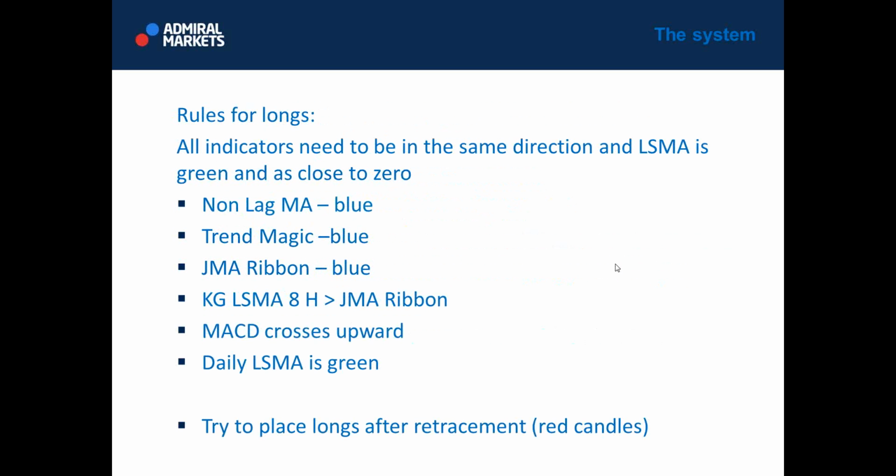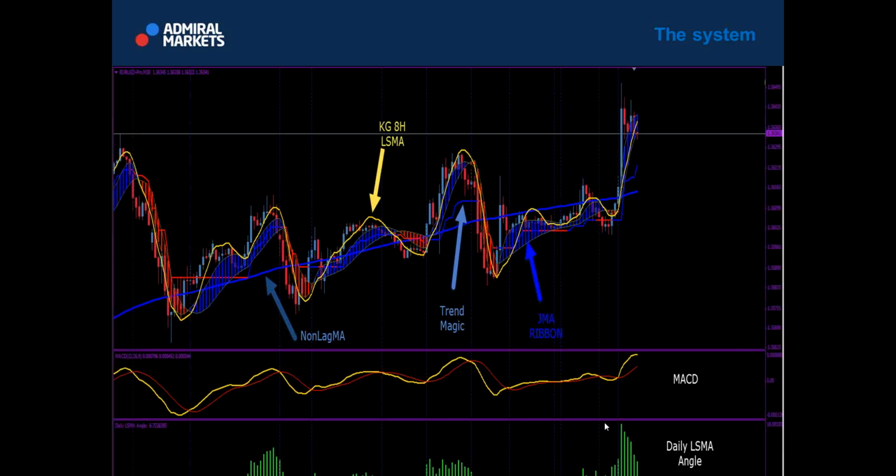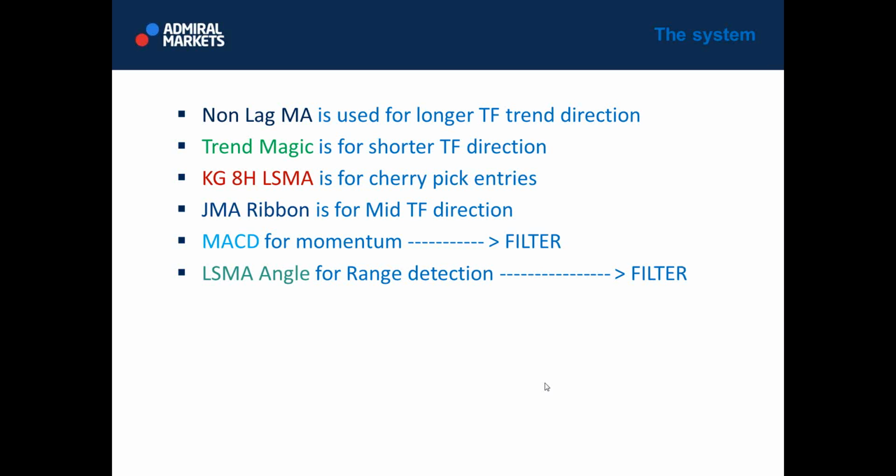Now, rules for longs. All indicators need to be in the same direction and LSMA is green and as close to zero as it can be. So LSMA should be as close to zero as it can be, and it needs to be green. When there is no LSMA here, that means that is a range and you should not trade it. So only when it's green, and the best thing is when it's close to zero.